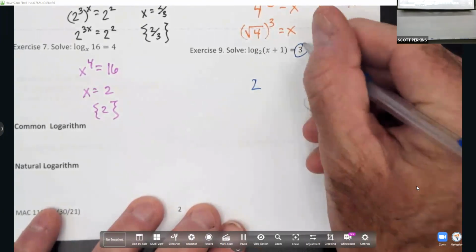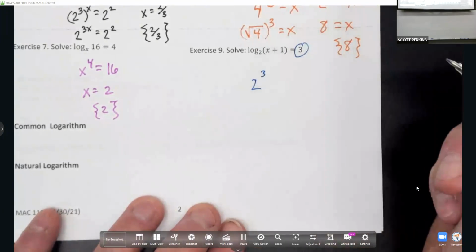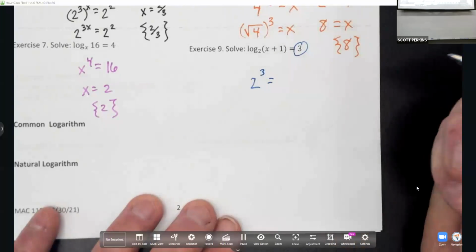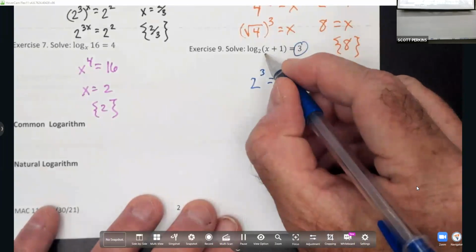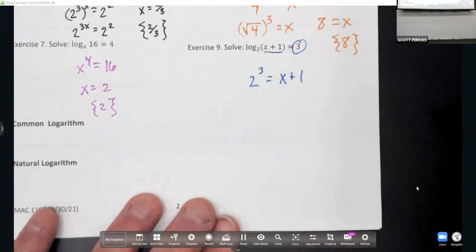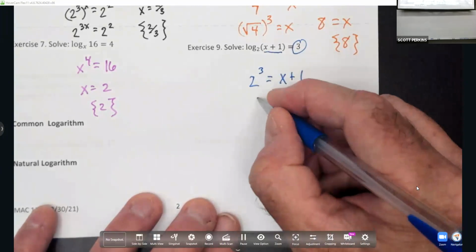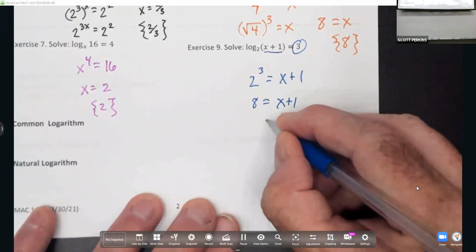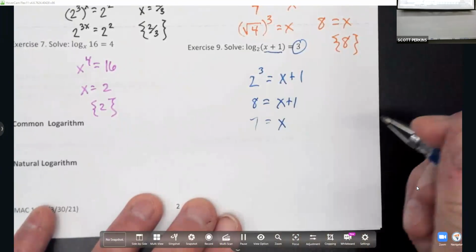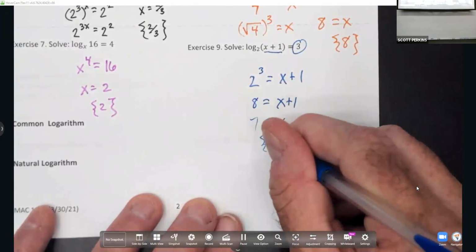The exponent, the logarithm, is always equal to the power, so 3. And 2 to the 3rd power is equal to the x plus 1. The x plus 1 is in the parentheses. That's what I'm taking the logarithm of. So 2 to the 3rd, that's 8. I'm going to subtract the 1 over, and I get that my value for my solution is 7.